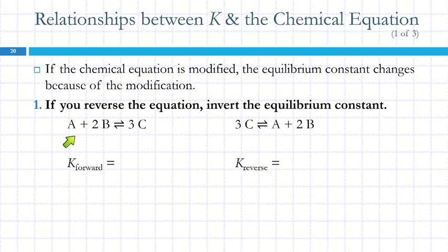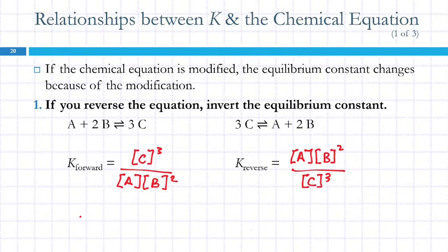So the equilibrium constant for this guy. This is the inverse of that. Everybody see that? If you upside down it, if you invert it, make the numerator the denominator, they're the same.